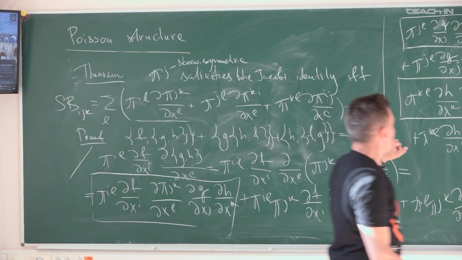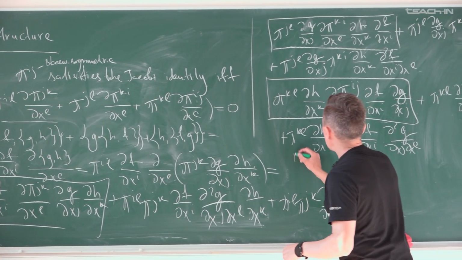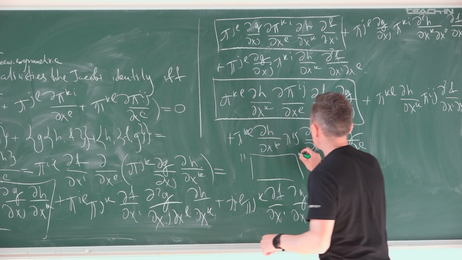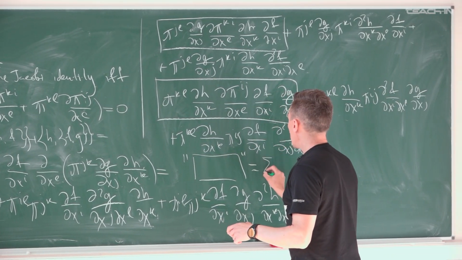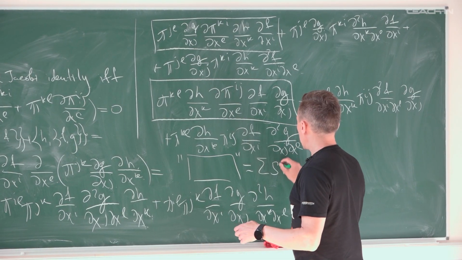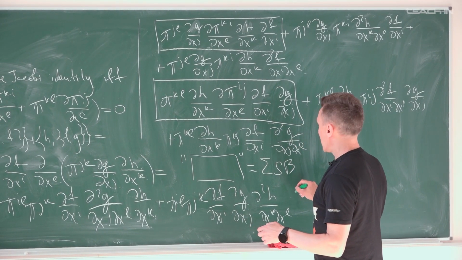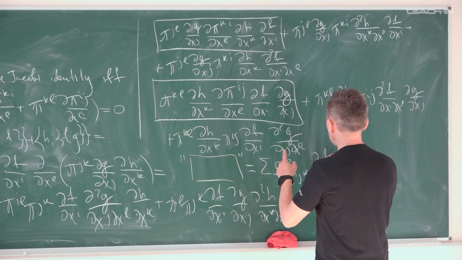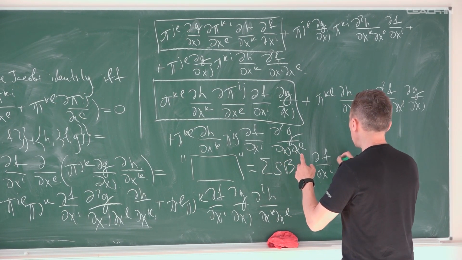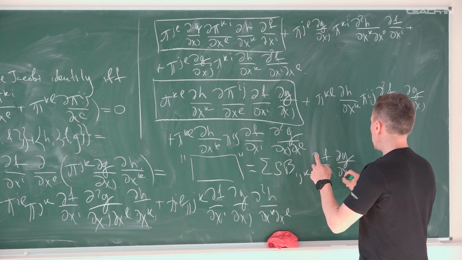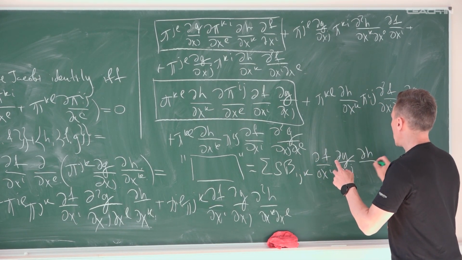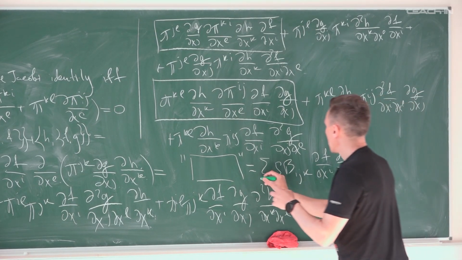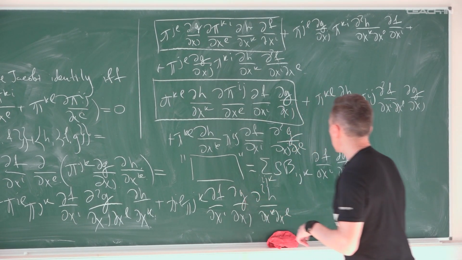It is equal to B^{ijk} multiplied by ∂f/∂x^i ∂g/∂x^j ∂h/∂x^k, summed over i, j, and k.